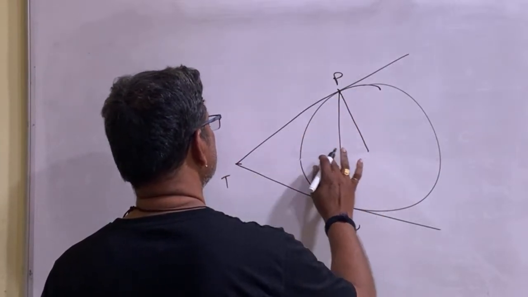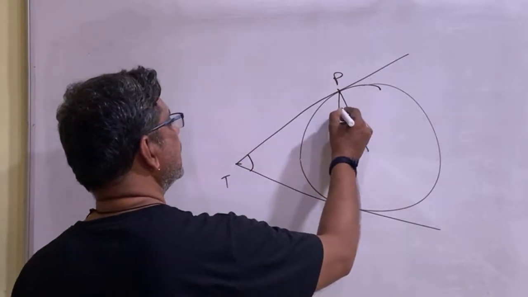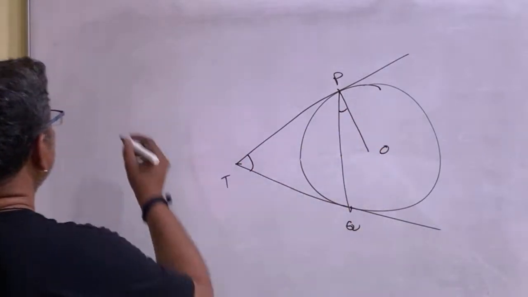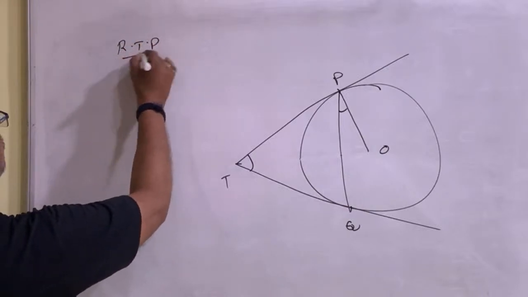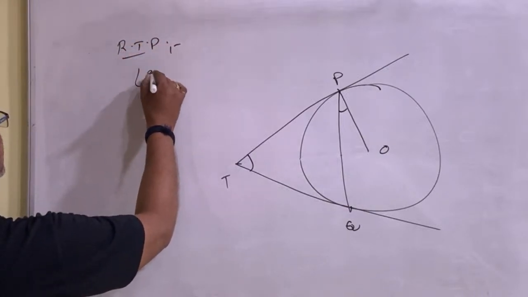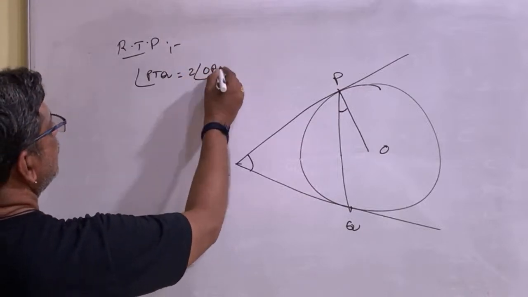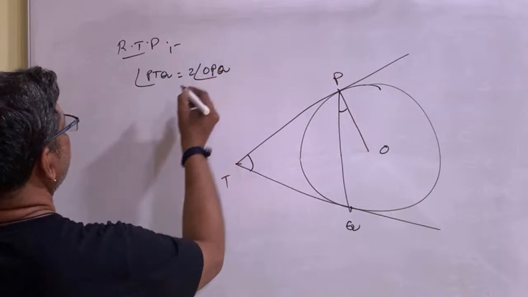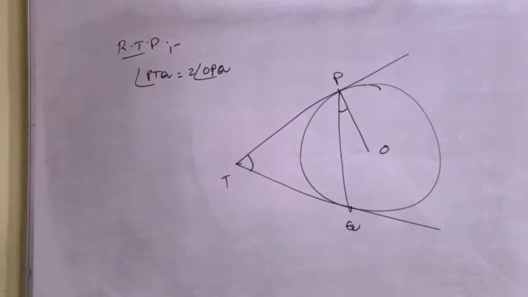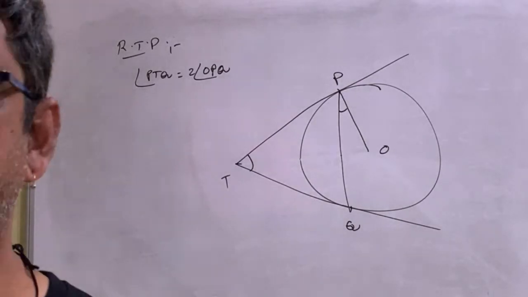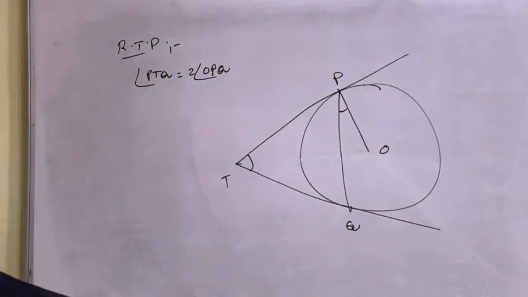What is required to prove? Angle PTQ is equal to 2 angle OPQ, where TP and TQ are two tangents and PQ is the chord joining the points of contact.